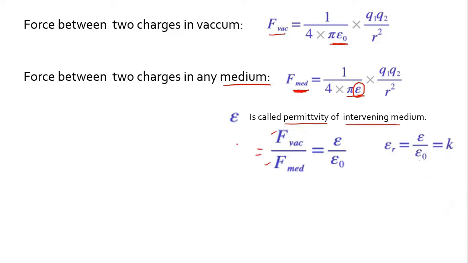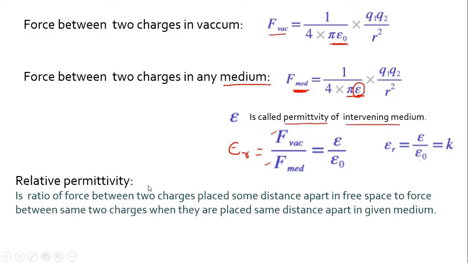This is also equal to the ratio of F vacuum to F medium. So the definition of relative permittivity is the ratio of the force between two charges placed some distance apart in free space to the force between the same two point charges when they are placed the same distance apart in a given medium.